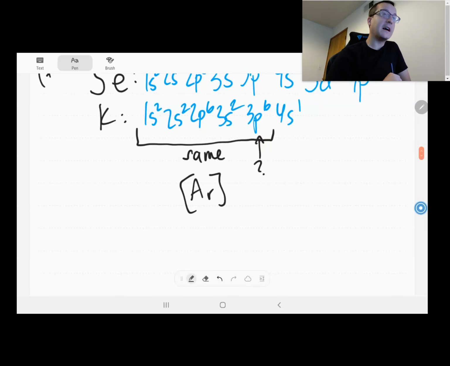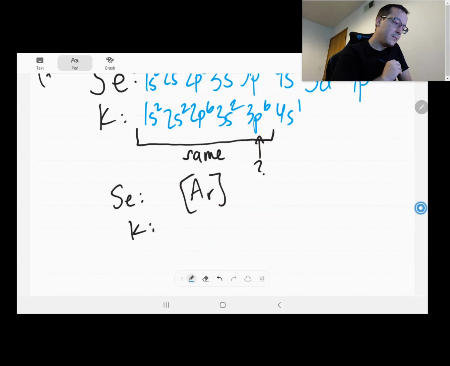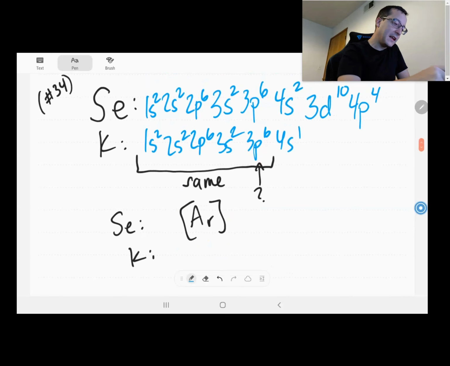So we can say that these guys, selenium and potassium, are both argon with some stuff attached to them. Okay, so we can see that selenium, after that 3p6, is going to be 4s2, 3d10, 4p4.